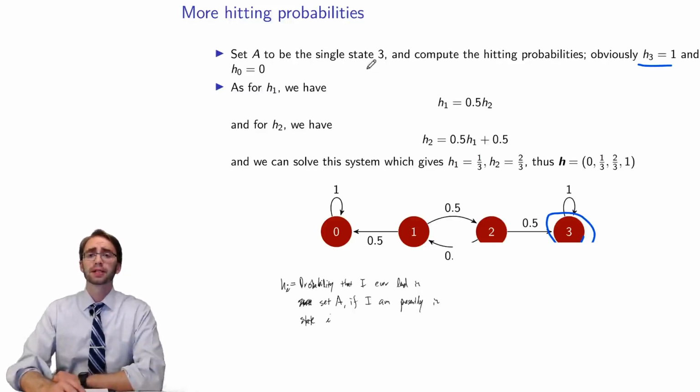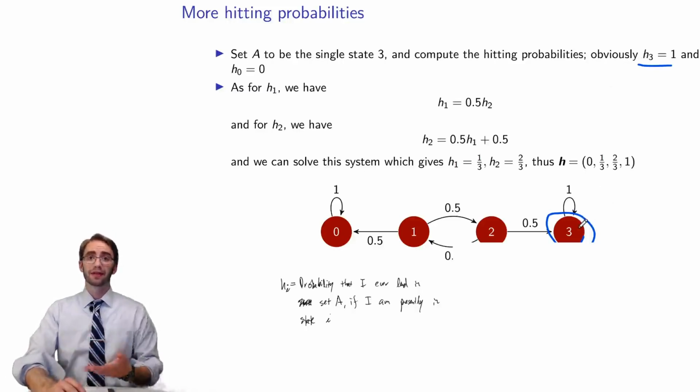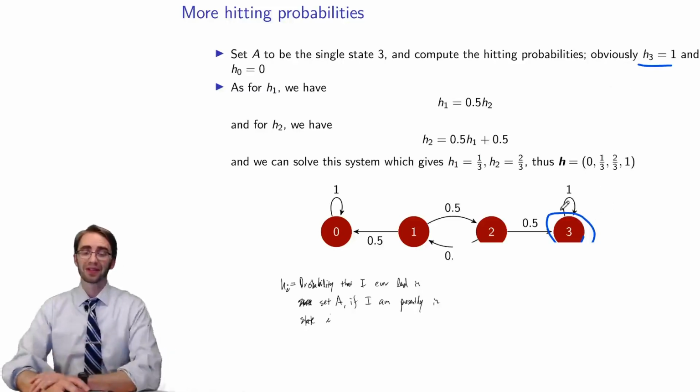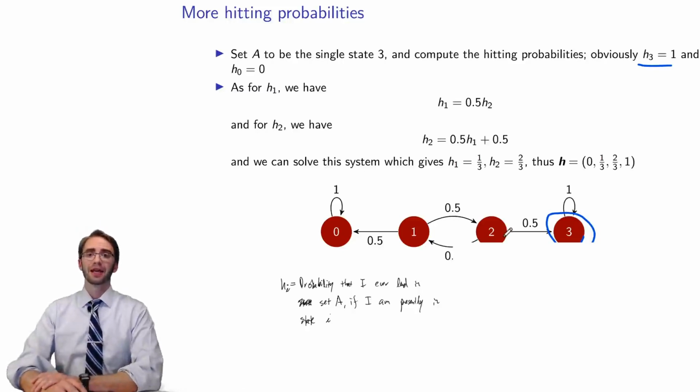So I'll say A is just this thing here, number 3 on the right, and we'll compute these hitting probabilities. So h3 is equal to 1 because if I'm in state 3, then I'm there, so I've already accomplished my goal. And let's look at h1. What is true about h1?